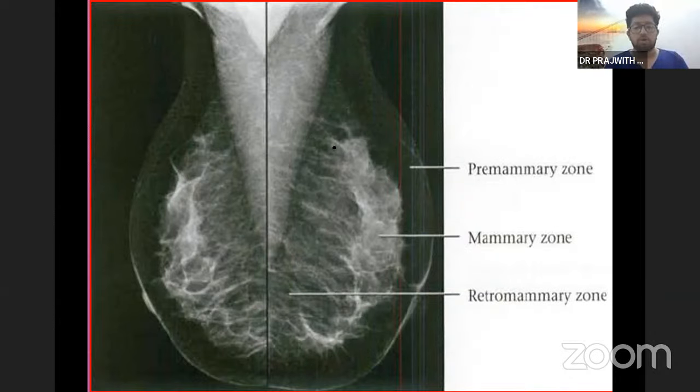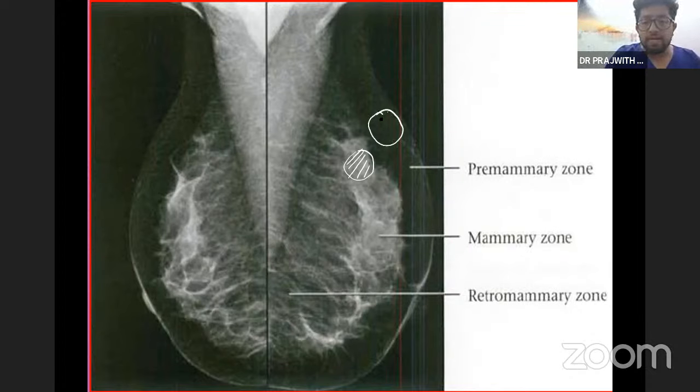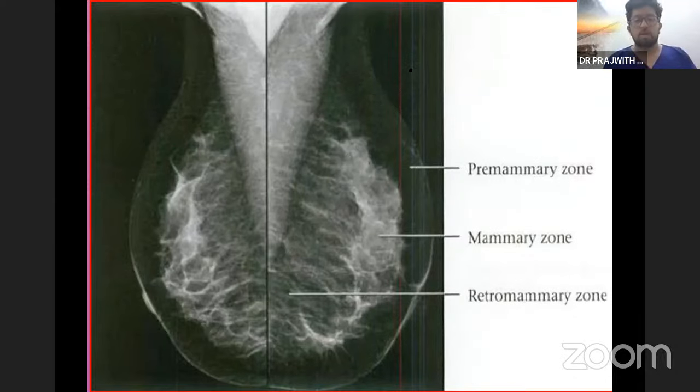That's what we want whenever we do a mammogram. Why is it like that? If there is a white density in the fat, it is clearly seen, but a white density within dense breast tissue may not be seen clearly in the mammogram. So ideally, we need a breast which is predominantly made up of fat. That's what we have to understand.